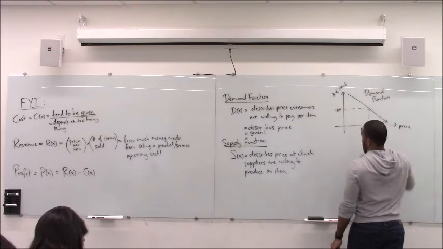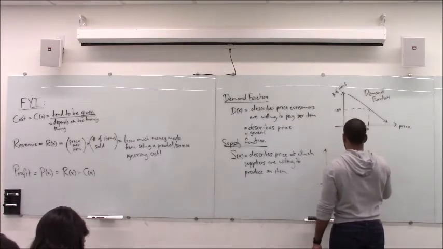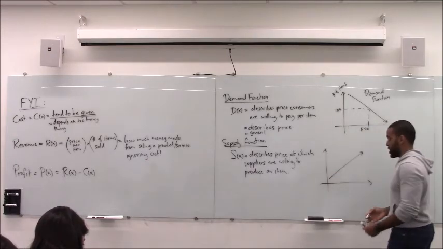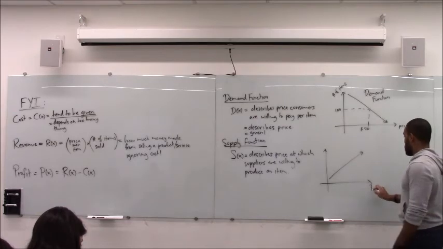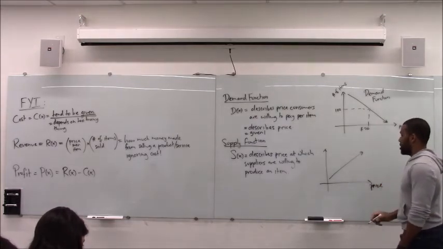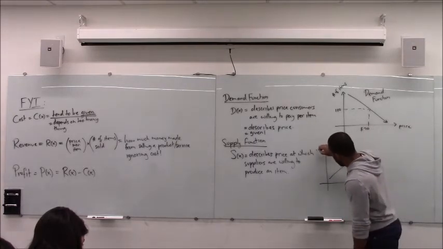And you can have a supply function. Now the supply function actually rises over time. So if you talk about the price, and this is from the producer's perspective, the supplier's perspective, and the number of items.